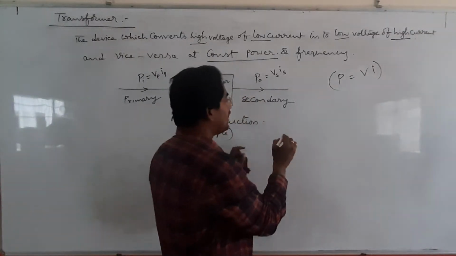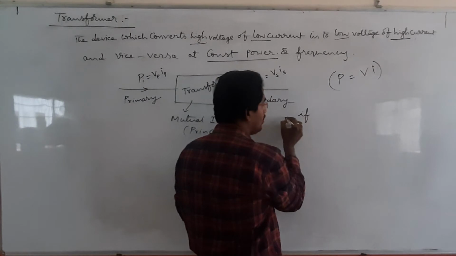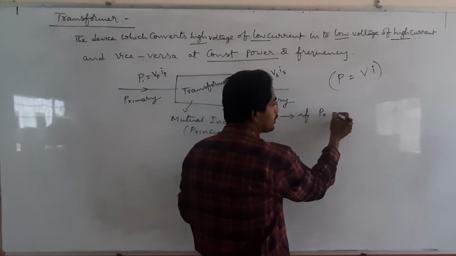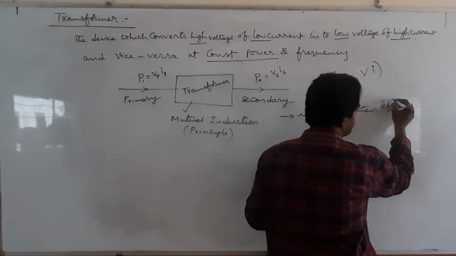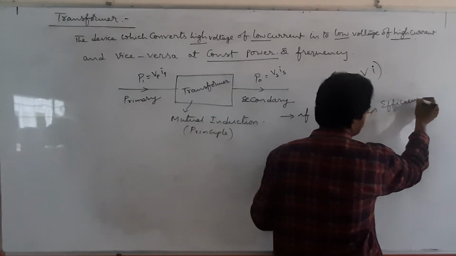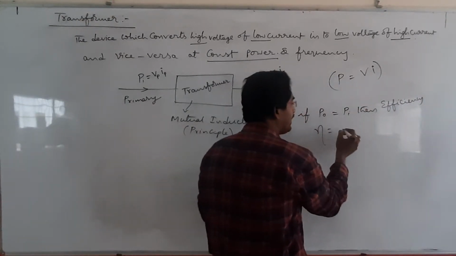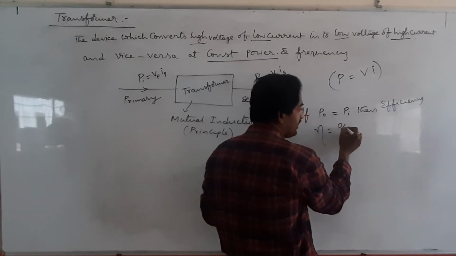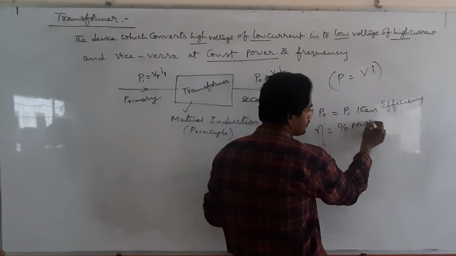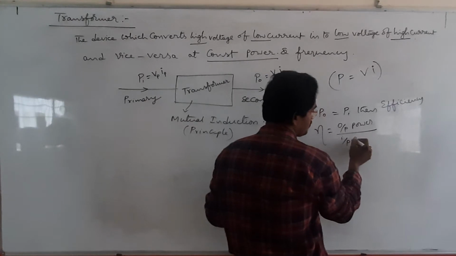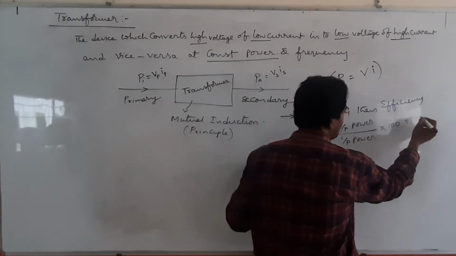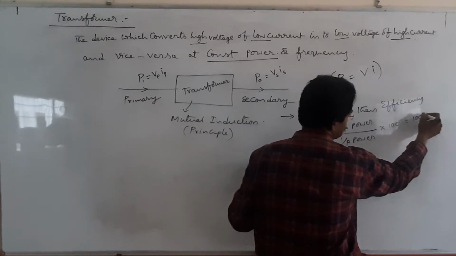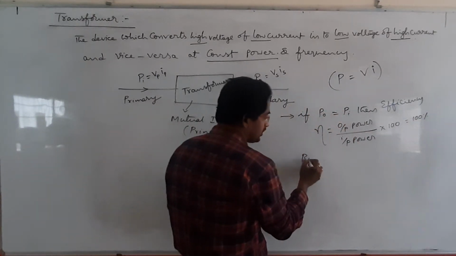Why? Because if output power is equal to input power, then efficiency equals 100%, because output power by input power into 100, you know well, gives 100%. But it is not possible.